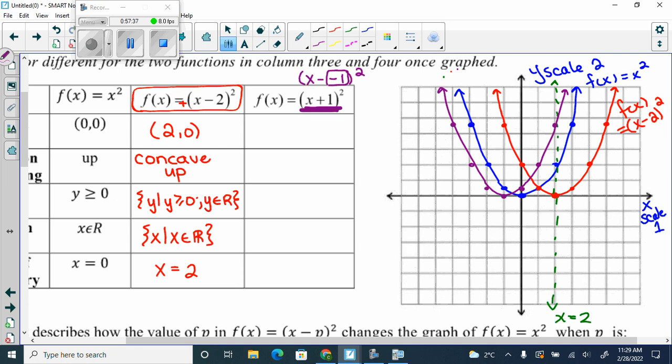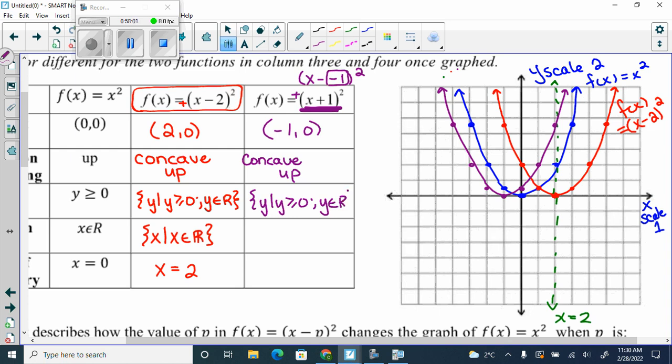So, what's my vertex at? -1 and 0. It's still concave up because there's a plus 1 in front. My range is still y such that y is greater than or equal to 0.